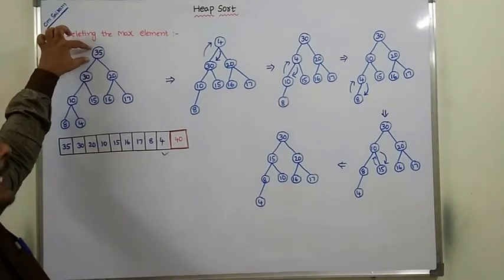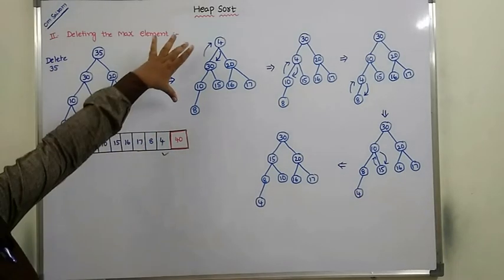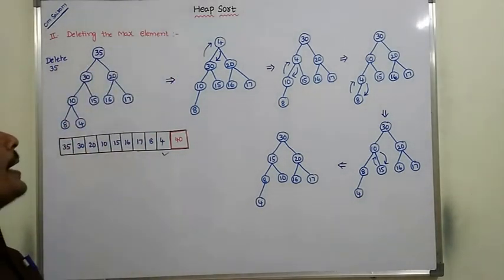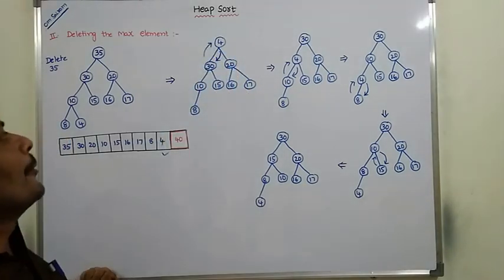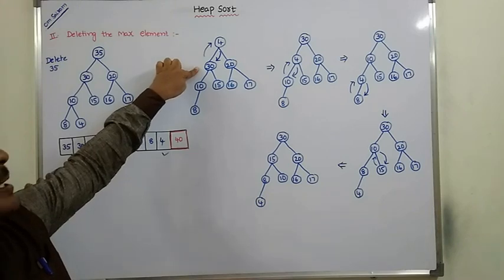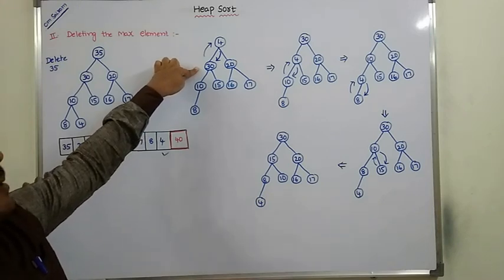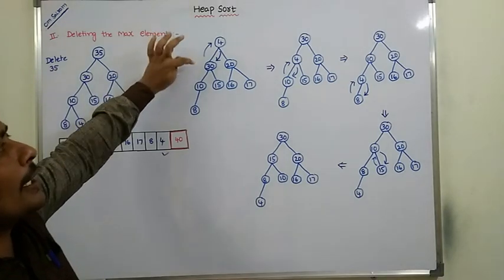Now after deleting 35, that can be replaced with 4, then we are getting this tree. Now here 30 and 20 have the parent 4, so is 4 greater than 30? It is false, it does not satisfy the maximum heap property. Now we do swappings between 4 and 30.